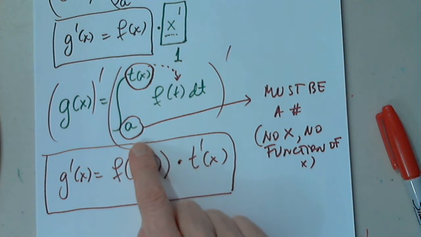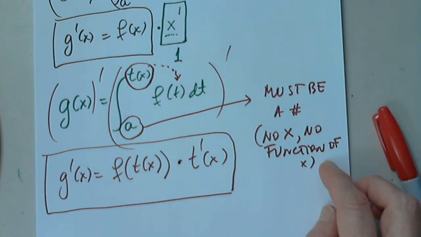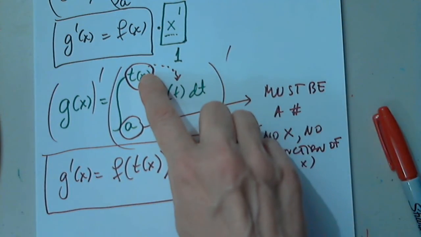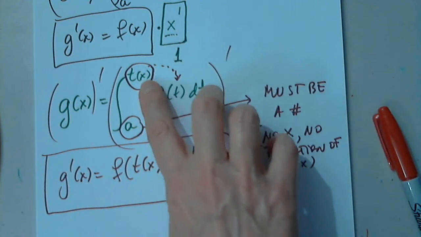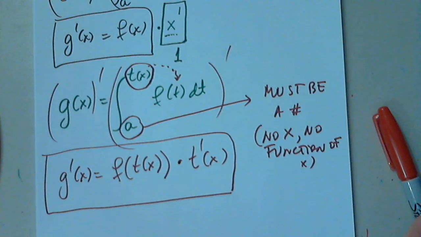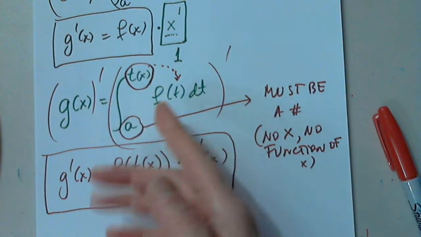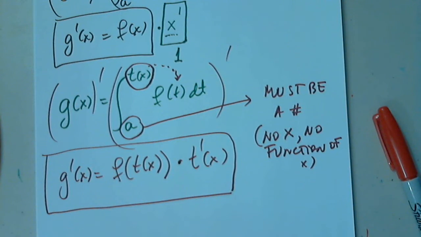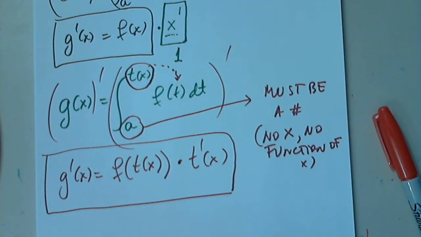So the lower limit has to be a number. It cannot be x or a function of x. The upper limit can be anything. It can be plain x. It can be a function of x. Of course, it cannot be a number, because if I have a number here, then the derivative will be 0. So the upper limit has to be either x or a function of x.